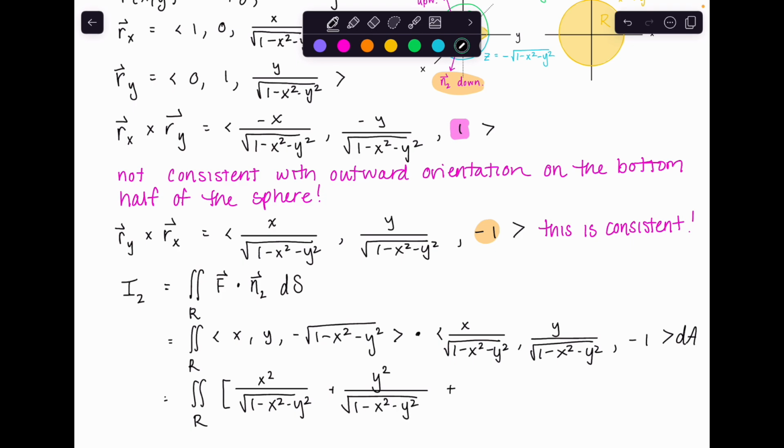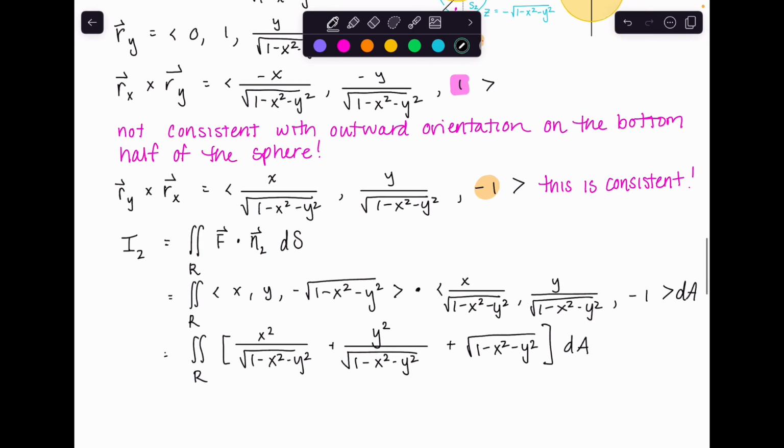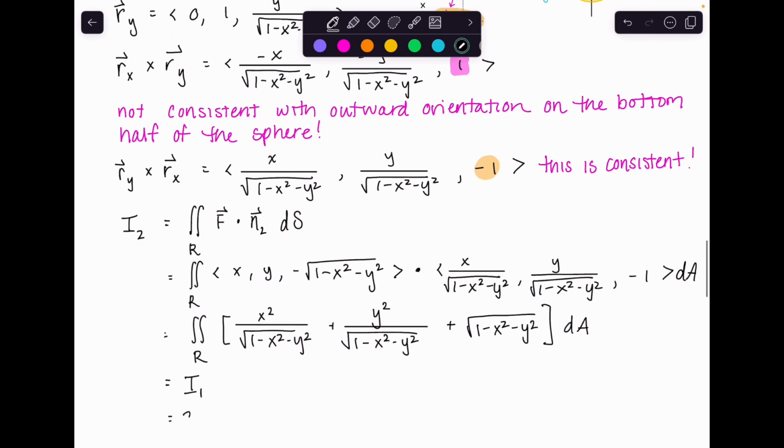And then the last becomes positive square root of 1 minus x squared minus y squared. So you would simplify this in exactly the same way. You'd still use polar coordinates to evaluate this. This is exactly the same as I1. So I do not need to do any work. I know this is equal to 2 pi. Okay.